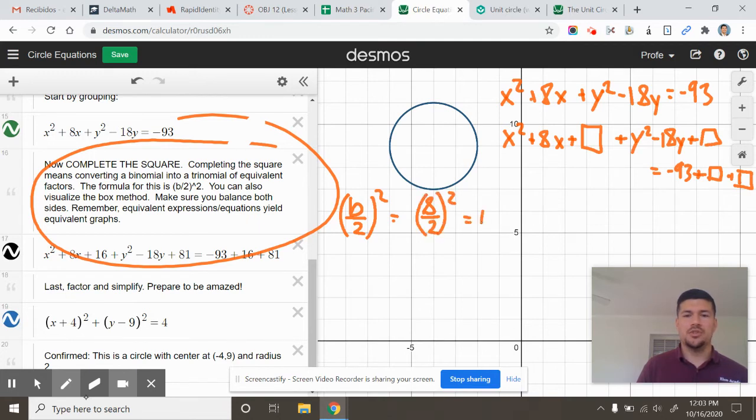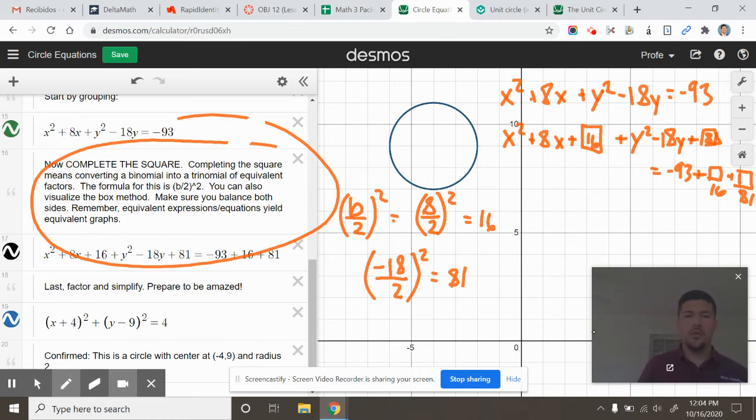So 4 squared equals 16. I add 16 right there, and I also add it to the right side. For my y term, again (b/2)², my b value is −18. I cut it in half, so I get −9. Then I square it, and squaring −9 gives me 81. So I'm going to end up adding 81 to the y side, as well as adding it to the right side.